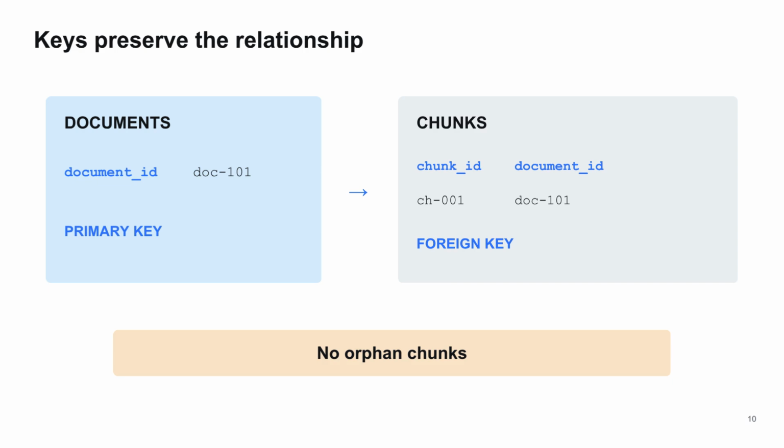The document primary key uniquely identifies one source. Then each chunk contains that document ID as a foreign key. PostgreSQL checks the connection and rejects chunks that point to no document. This way, it will keep citation and deletion behavior reliable because there are no orphan chunks. All the chunks must point back to the document.